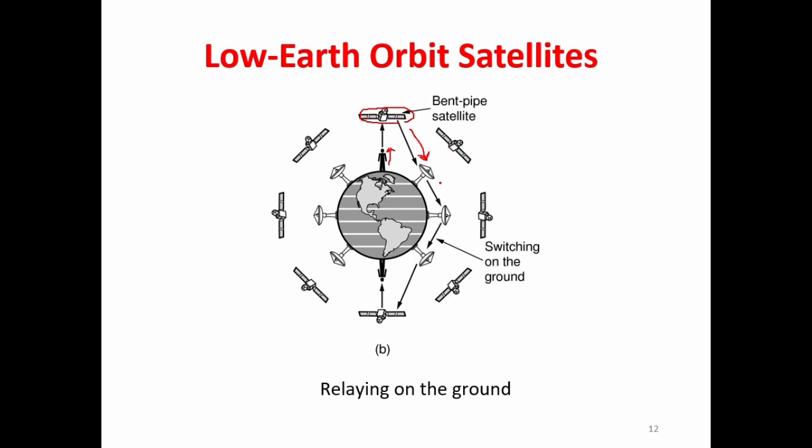Now this is a ground station, this is another ground station, and now this ground station sends the information to the satellite nearest to the receiver, and the receiver finally receives the information. These are two ways the information is passed, and this LEO is very common and very useful for mobile networks.